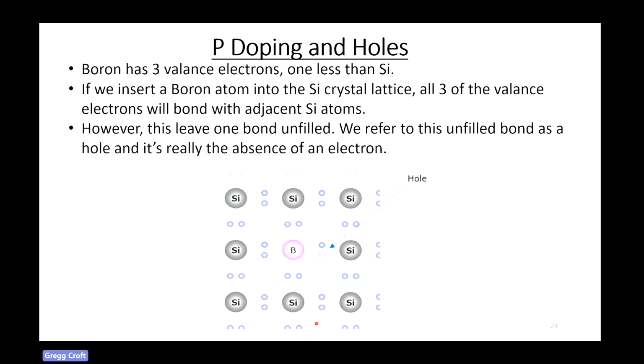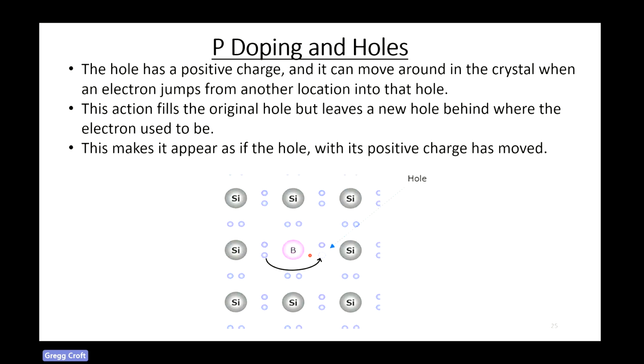Similarly, if you put, say, a boron atom into a silicon lattice, it has 3 valence electrons. So those are going to bond with the adjacent silicon atoms, like we show here, but there's 1 bond that's left unfilled. And we call that unfilled bond a hole. Like I said, it's really not a hole, it's just the absence of an electron. Now, the hole has a positive charge, and it can move around in the crystal.